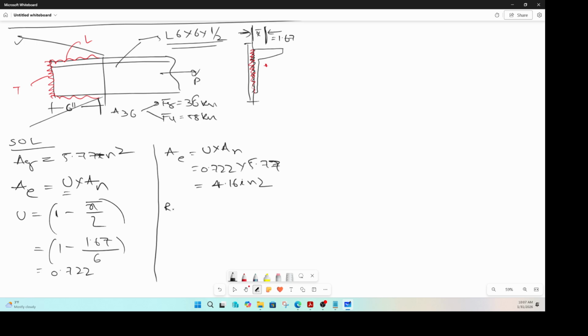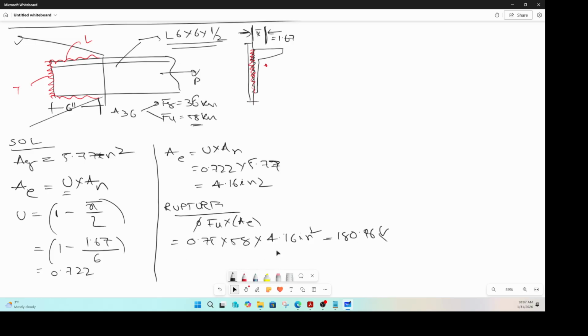Now, rupture strength, how do you calculate that? You take your rupture phi, Fu, and A_e. So phi for rupture is 0.75, Fu is 58 ksi, times your A_e of 4.16 square inches, so that amounts to 180.96 kips.